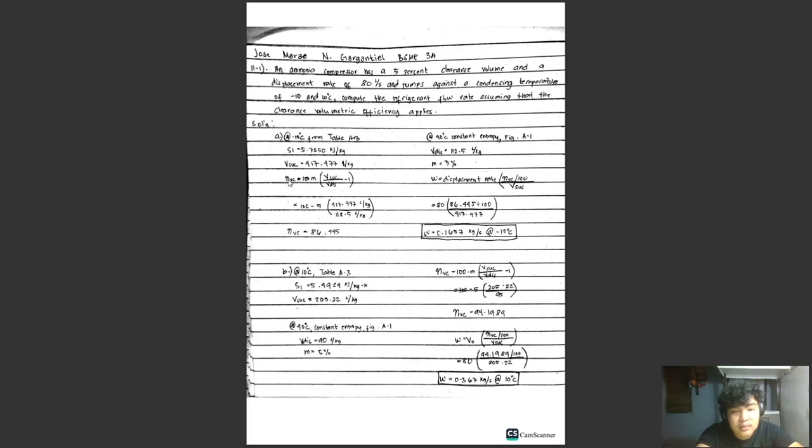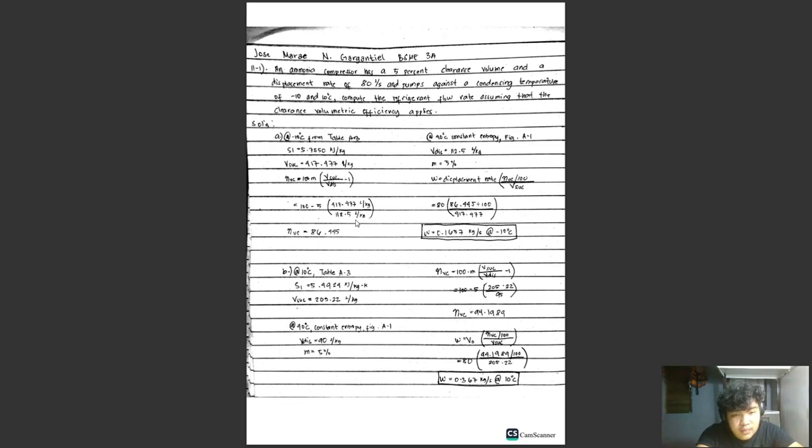As I said, we need to apply volumetric efficiency, so we need to solve for it. For our clearance volumetric efficiency, we have 100 minus m multiplied by VSOC over VDIS minus 1. Let's substitute the values.